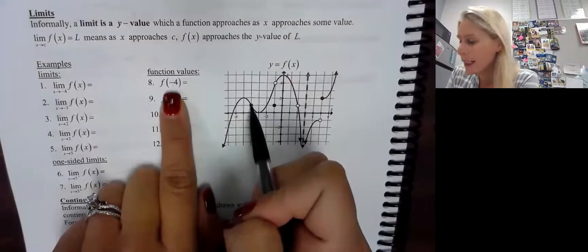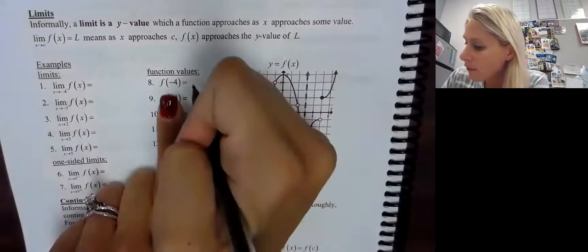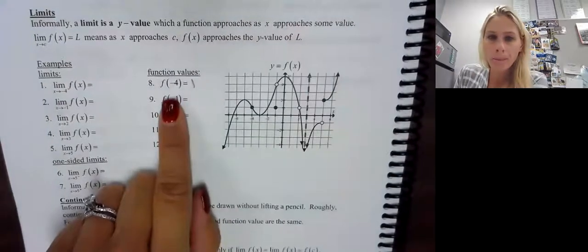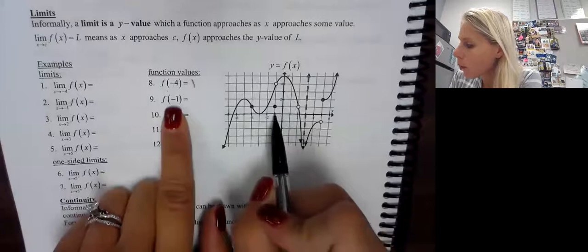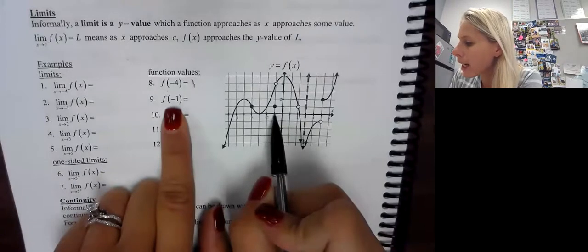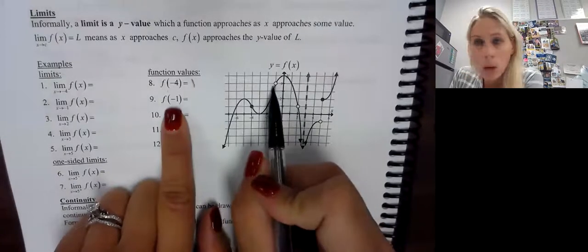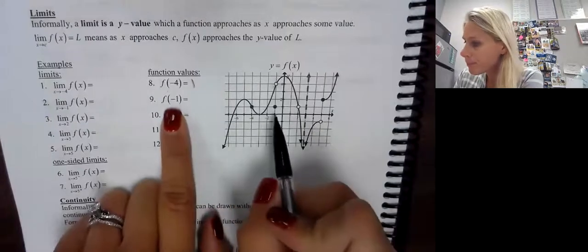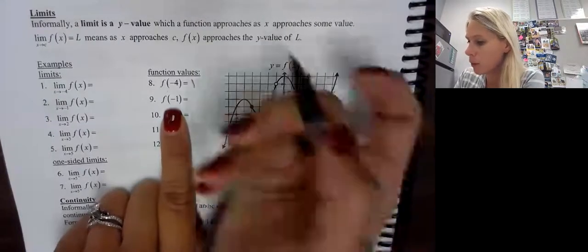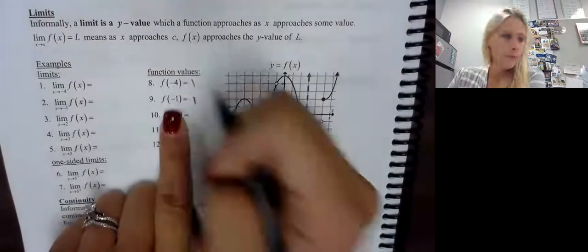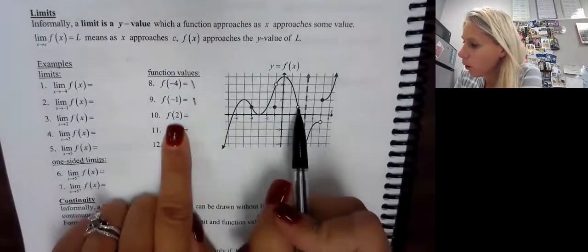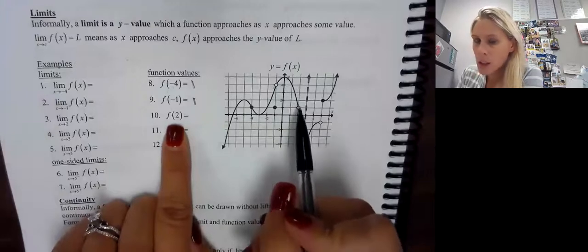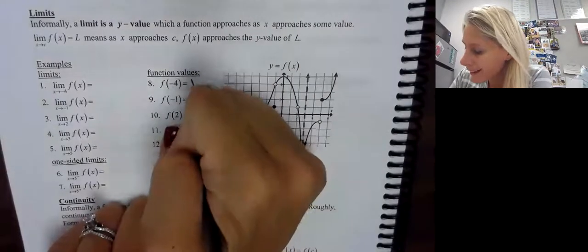As you can see, our coordinate is at the value of 1. For the next one, I'm going to -1. As you can see, our coordinate here is a hole, so that doesn't exist. Our coordinate is at the value of 1. At 2, there is a hole and nothing else, so at a hole, it does not exist.